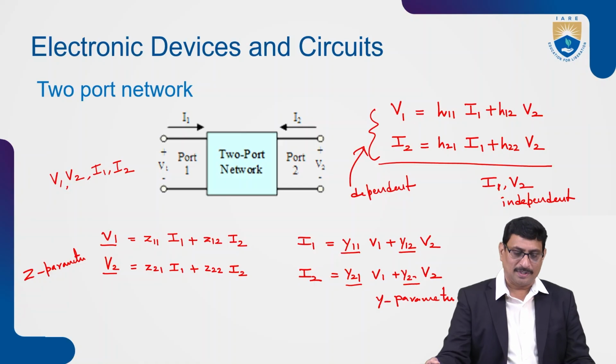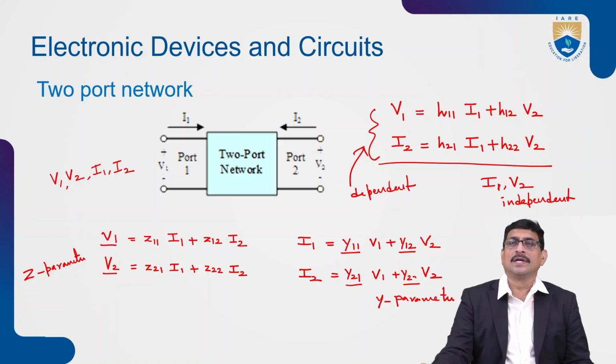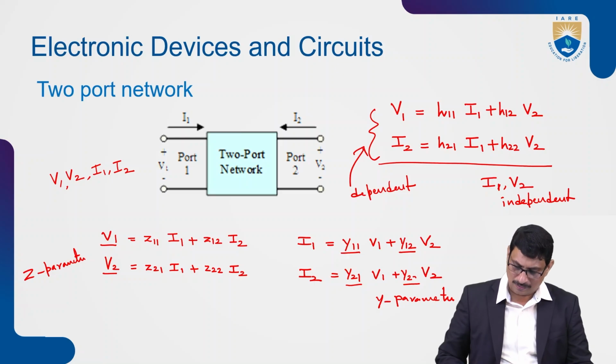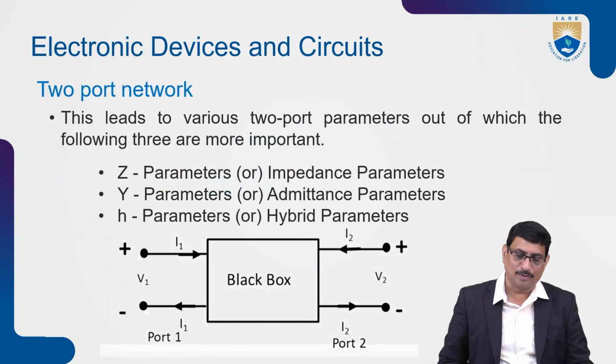In the H parameter model, if I assume V1 and I1 are input voltage and input current and V2 and I2 are output voltage and output current, then we can write the H parameter equations of a two-port network device as V1 equal to H11 I1 plus H12 V2, I2 equal to H21 I1 plus H22 V2. So this is how we can model a two-port network by using the H parameters.